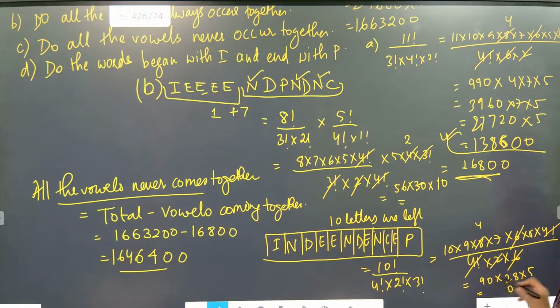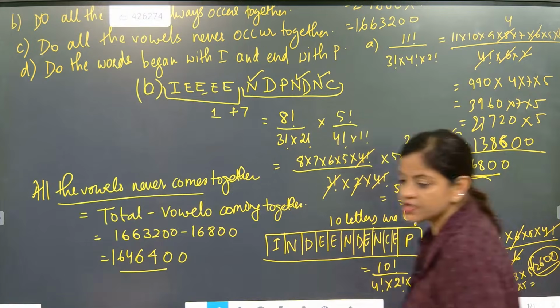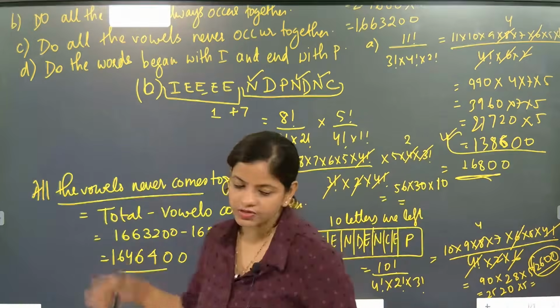And here 8 9 72, into 7. So the answer is 12600. The last part is 12600.